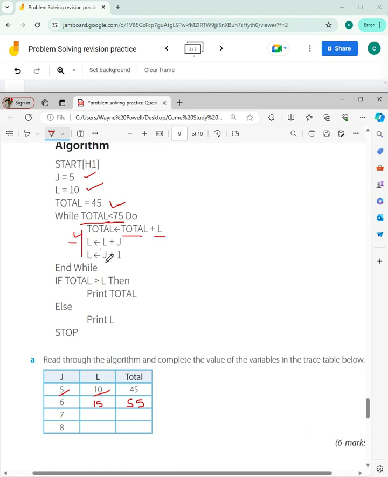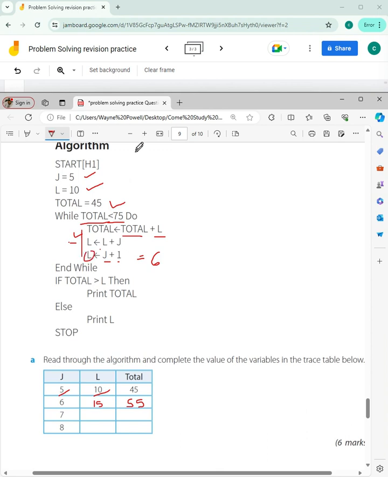J becomes J plus 1, which will be 6. I think there's an error right here.